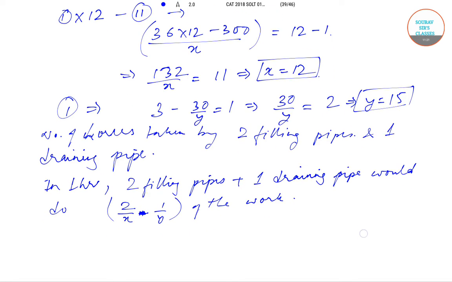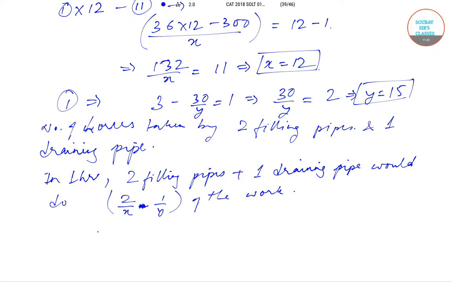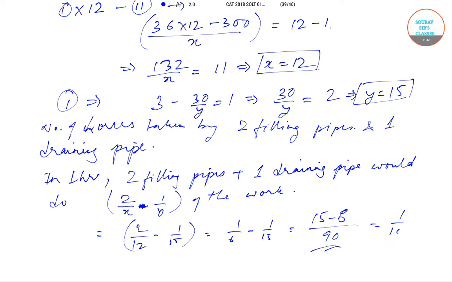So this value of 2 by X minus 1 by Y will be 2 by 12 minus 1 by 15, which is equal to 1 by 6 minus 1 by 15. The LCM will be 90 over here. So we have 15 minus 6, which will be 9 by 90. So this will be 1 by 10. So in 1 hour they basically do 1 by 10 of the work.